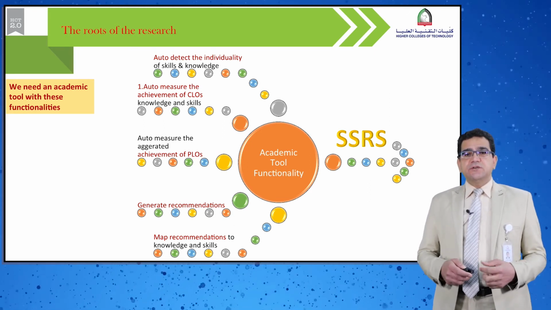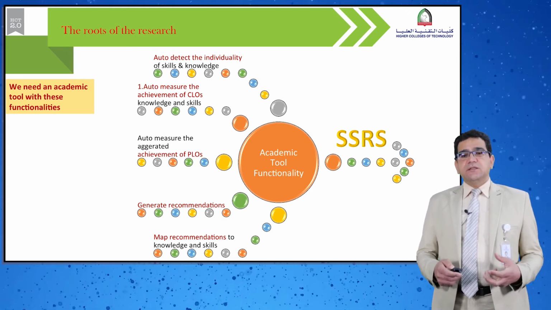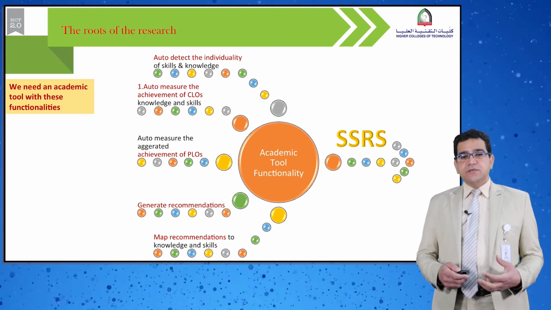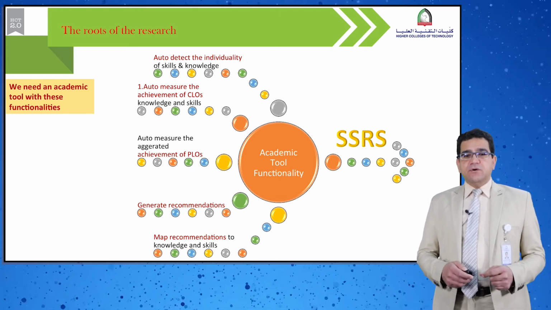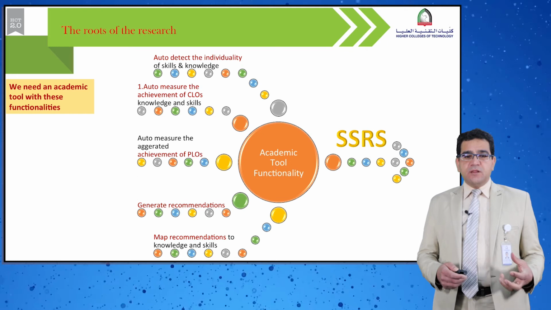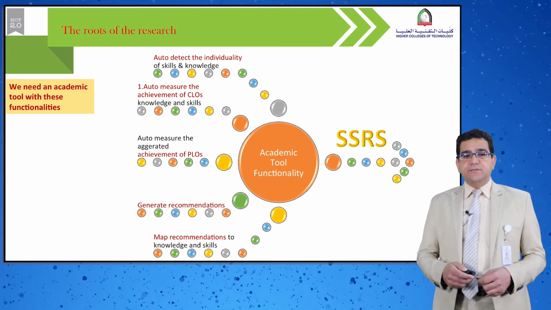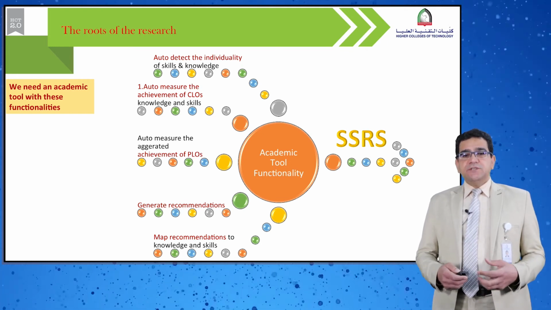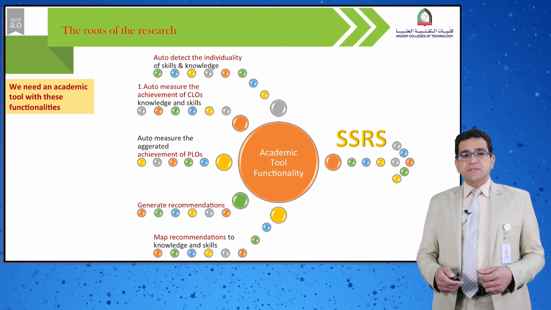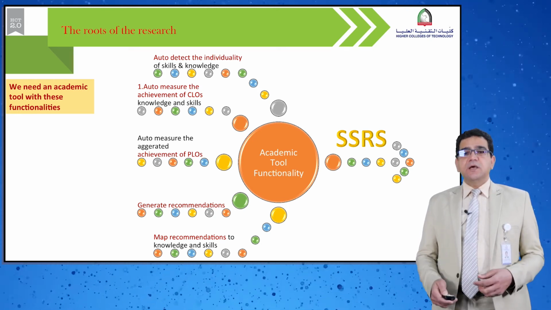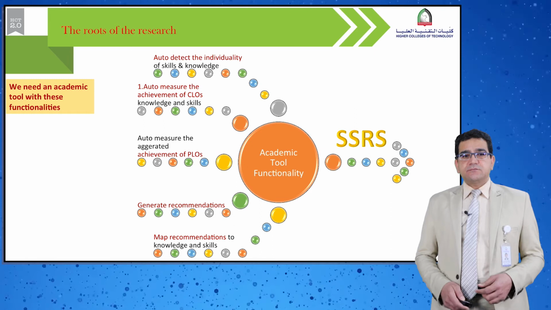It will also generate recommendations for students and learners based on their continuous achievement, not only based on the grades but also based on some other factors which I will refer to later, and map these recommendations to the knowledge and skills which we need to supply a student and learner with.